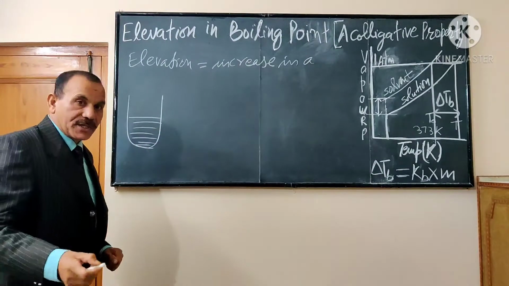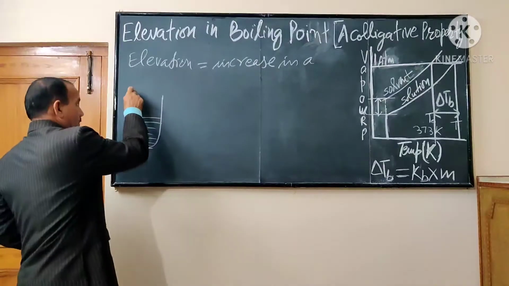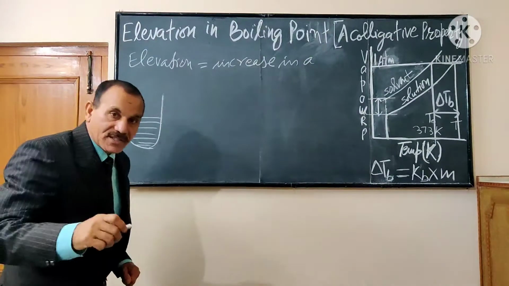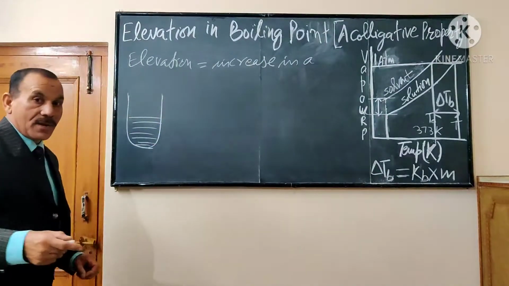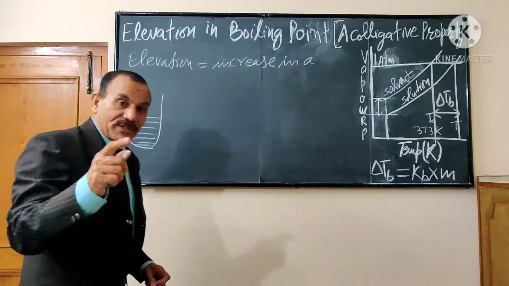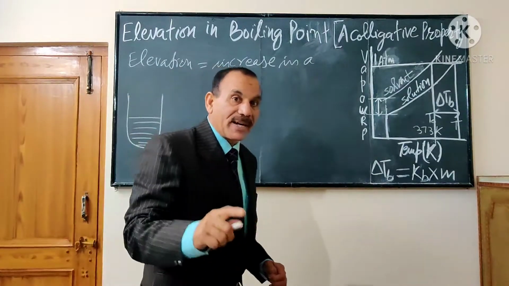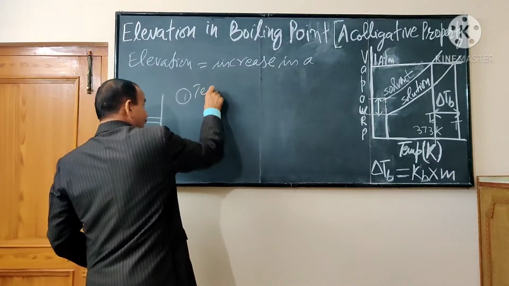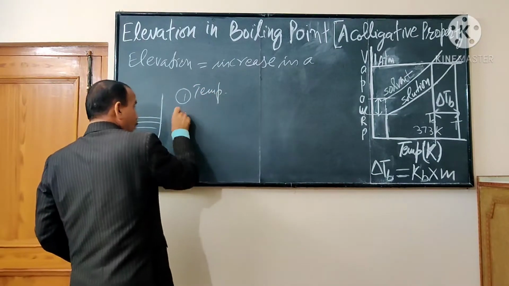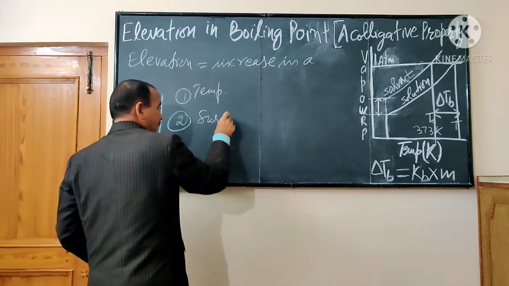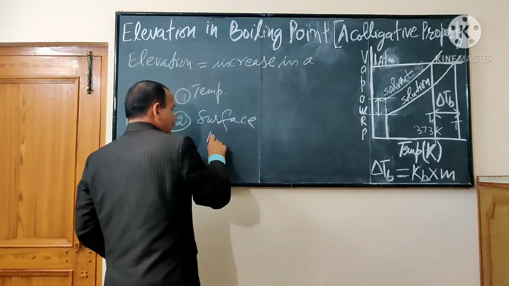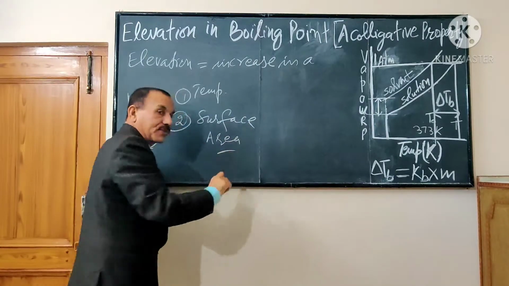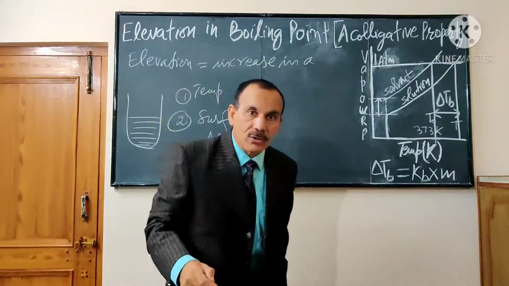At room temperature, on heating, its vaporization increases. We know that vaporization mainly depends on two factors. Number one, temperature. Number two, surface area of the liquid which is going to vaporize.